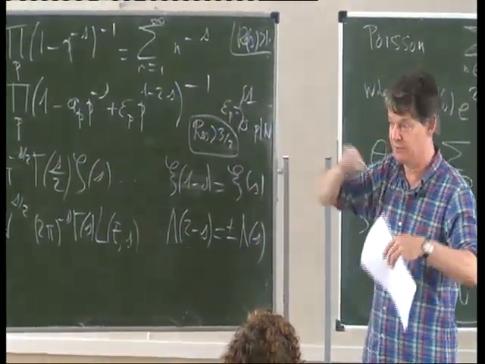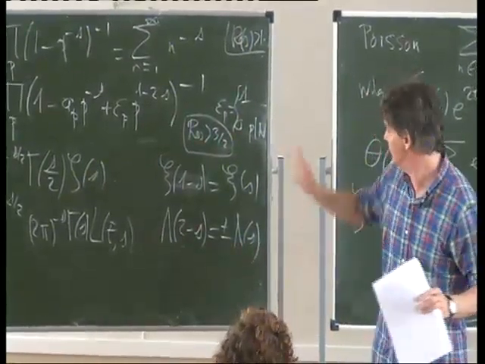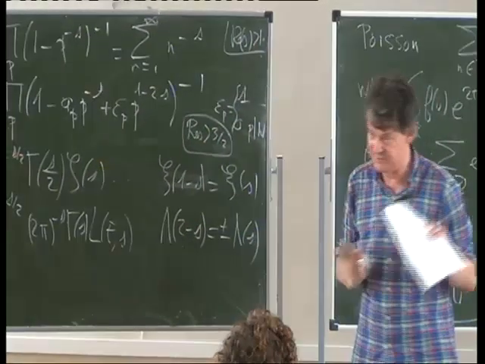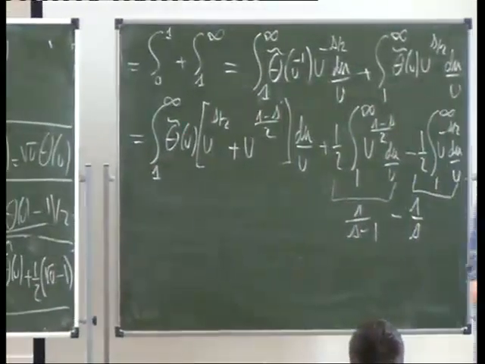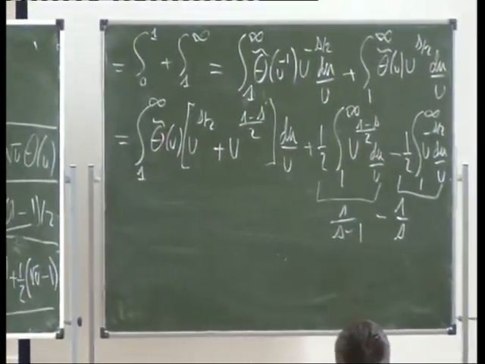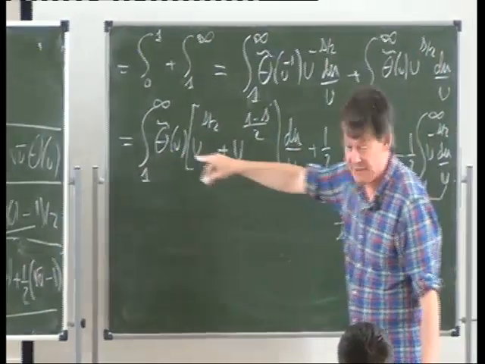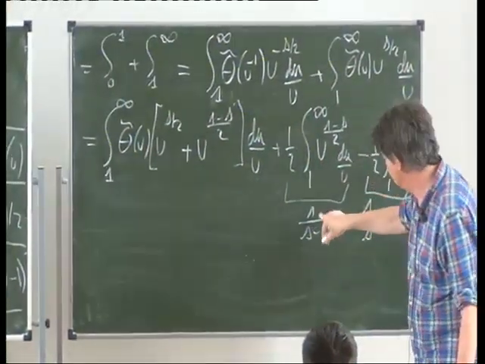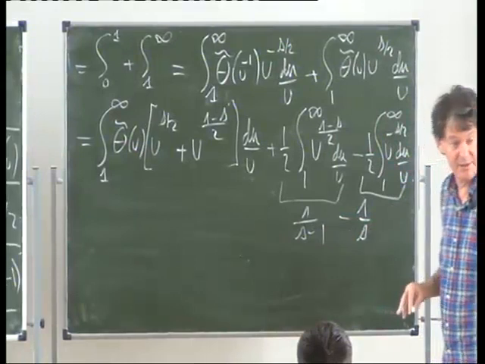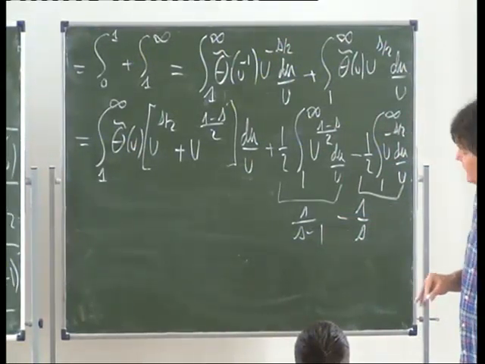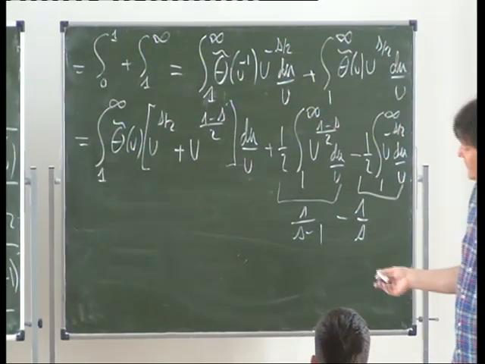I've used convergence of the series and all that. But now I look at the formula, and I say that the formula defines an analytic function. This defines an entire function, and this has only a pole at s equals 1 and s equals 0. So it gives me the analytic continuation.